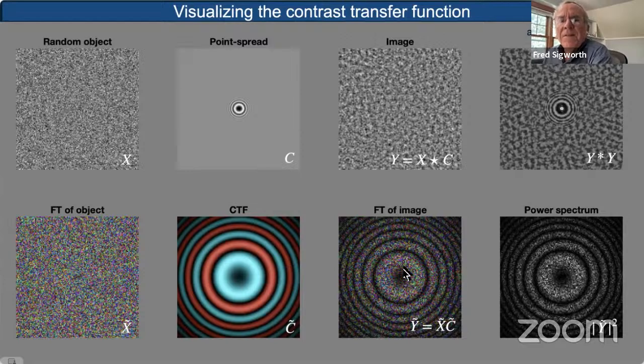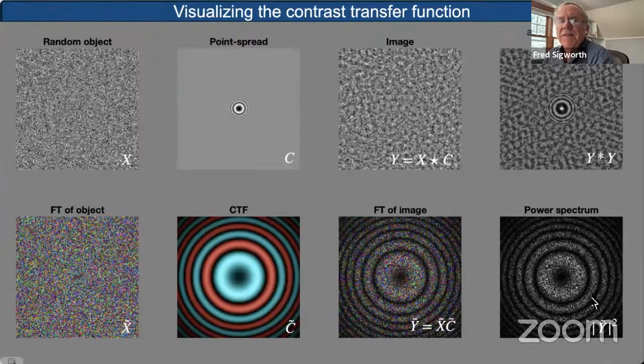Now, there's one other thing you can do, which is instead of actually looking at the Fourier transform, this y tilde, we compute the magnitude squared of the y tilde, and so that gets rid of all the colors. This is the image that you see on the computer for your electron microscope that shows these dark Thon rings, and gives you an idea of what the CTF looks like.